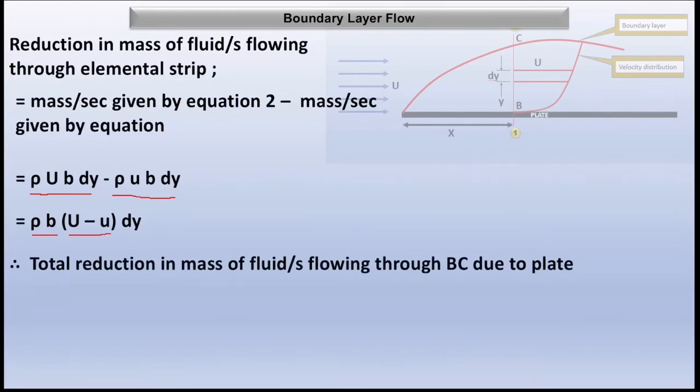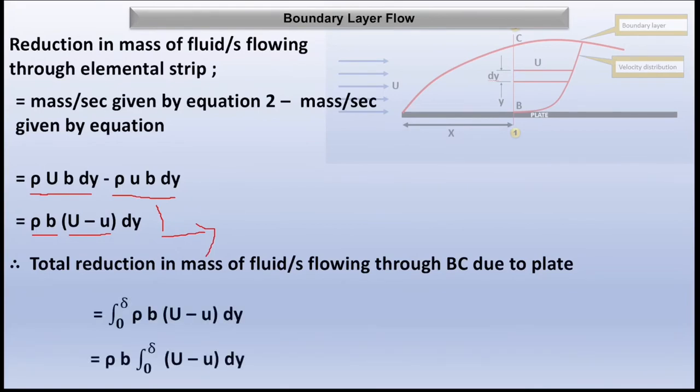This reduction in the mass is for a very small elemental strip. So in order to get the reduction of the mass throughout the section, we need to integrate this equation between the limits 0 to delta. So upon integration, we are going to get this equation.